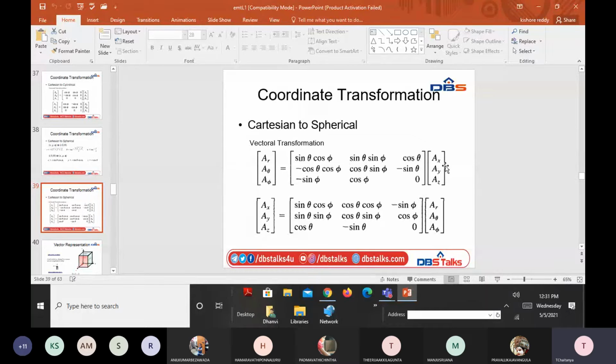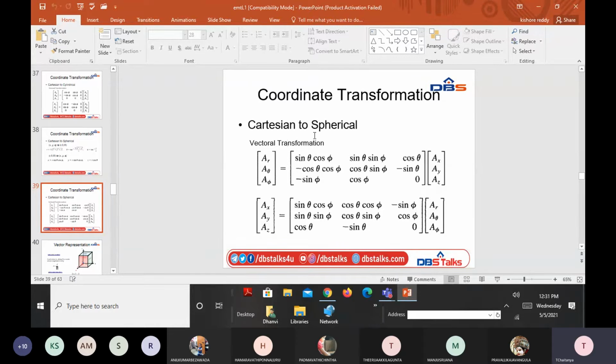We multiply these two, and the resulting value can be equated to ar, a theta, a phi. Then you will have a comparison of equal coefficients on the right side of the equation as well as the left side. You will get the value of ar, a theta, and a phi.